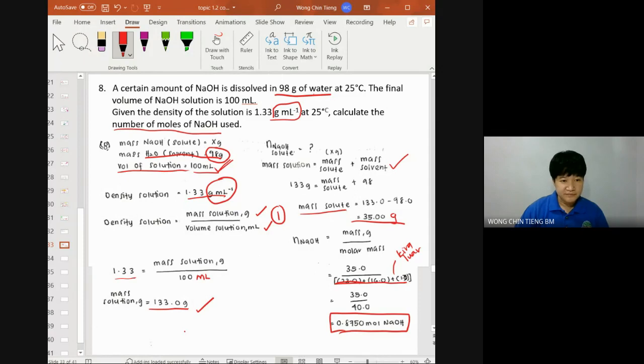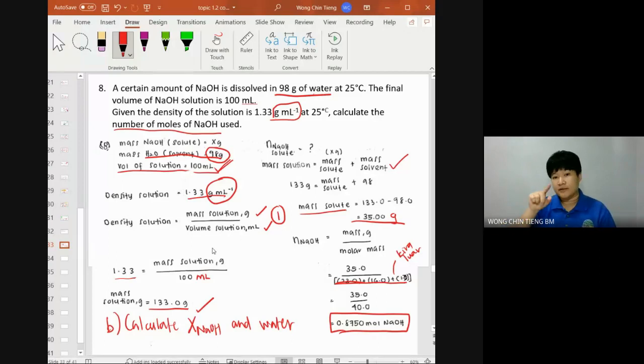B. Calculate mole fraction of NaOH and water. I want the mole fraction of NaOH and water using the same data before we end today.